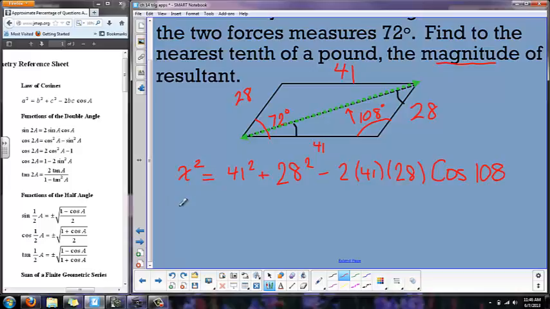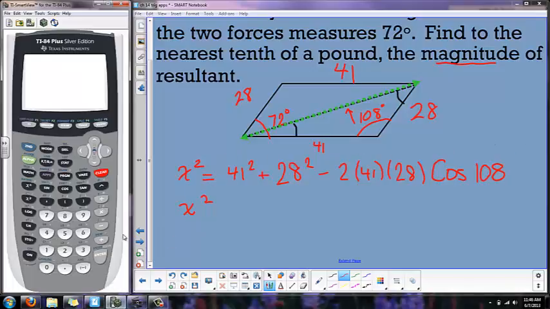Now, these are my favorite kind of questions because we're solving for x squared, and all we have to do is type all of that stuff into our calculator, which is awesome. So let's do that. 41 squared plus 28 squared minus, I always put these in parentheses, 2 times 41 times the cosine of 108.